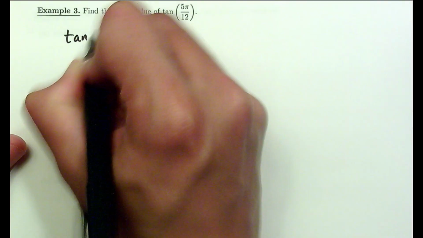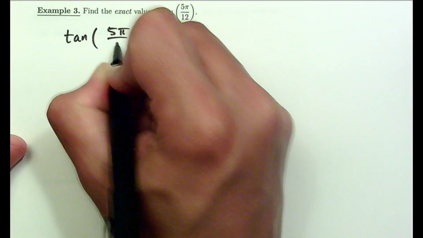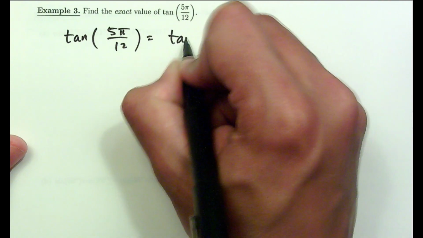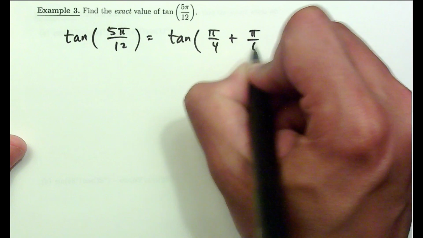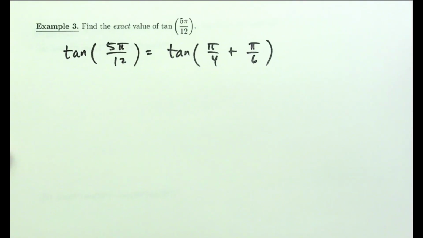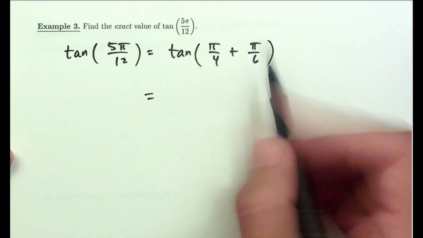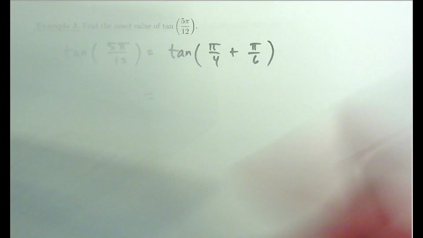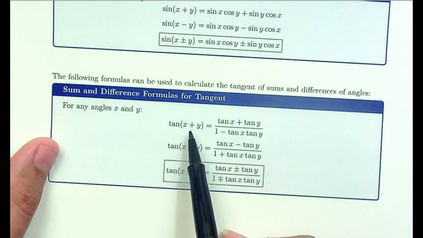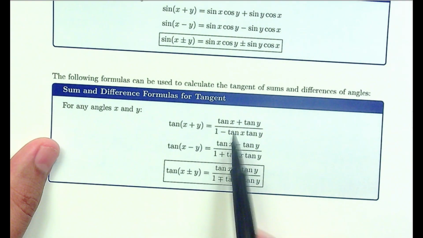So, tangent of 5 pi over 12 breaks up as tangent of pi over 4 plus pi over 6. And now what we have is a sum inside a tangent. So now you look up the formula. A sum inside a tangent, and that's the formula. So let's use it.